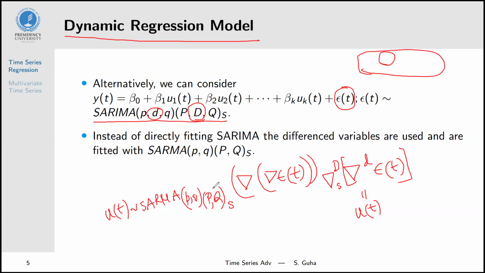So what we generally do, we don't work with the SARIMA model directly, statistically. We keep on doing differencing on all these variables, and ultimately that will lead to a differenced variable, and we do the modeling for the differenced variable. So let me explain.